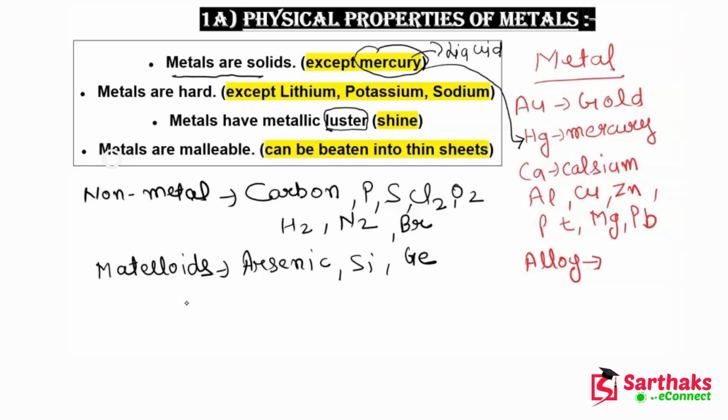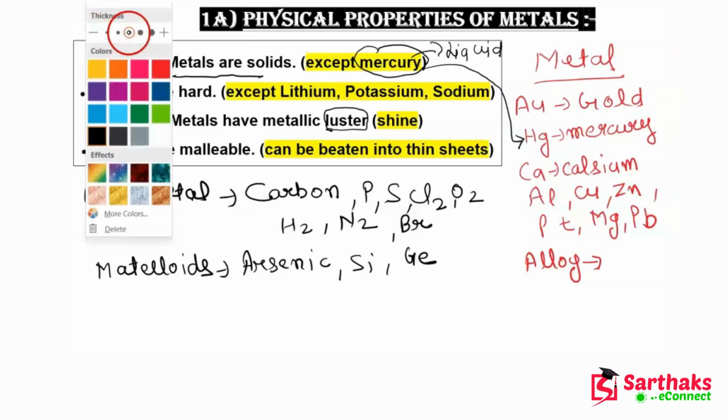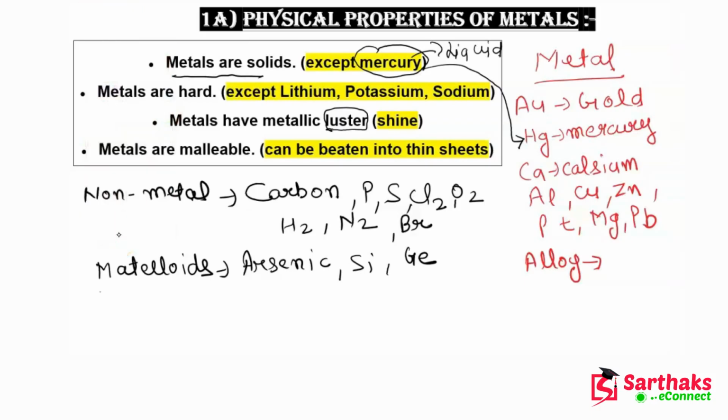Now let's talk about this fourth point, that metals are malleable. This is very important. Now what does this mean, malleable? So malleable is basically the quality, let me write it here, malleability. This is very important.